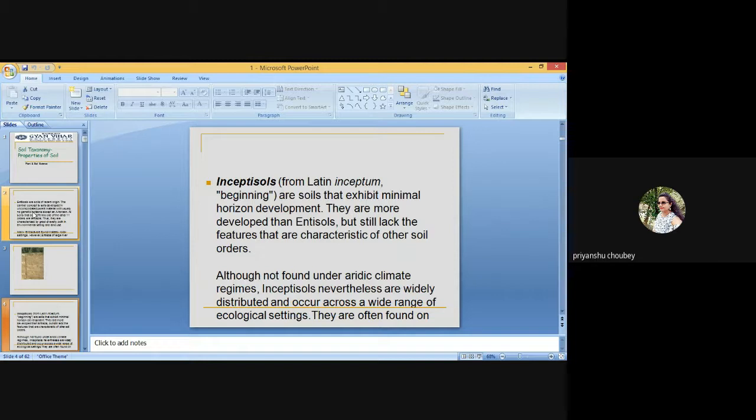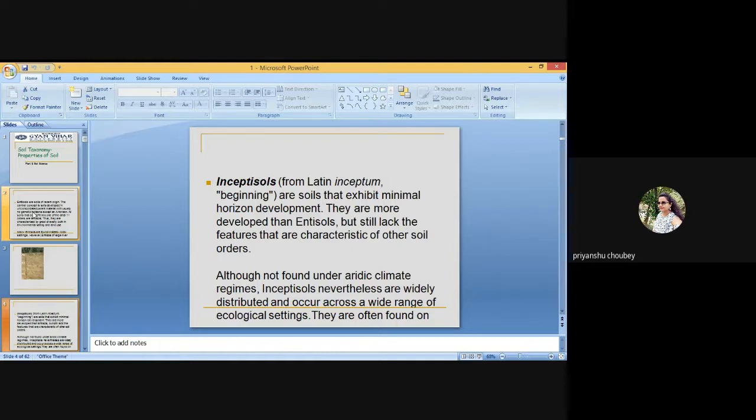They exhibit minimal horizon development. They are more developed than Entisols, but still lack the features that are characteristic of other soil orders.